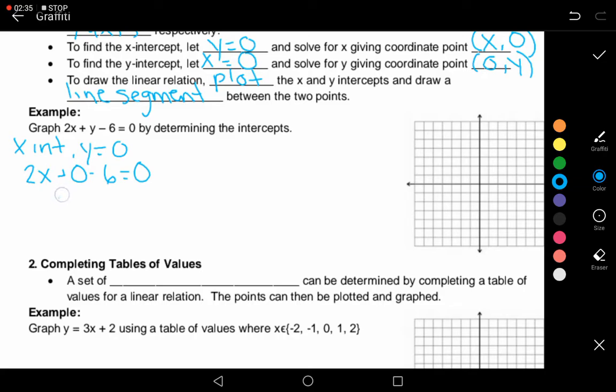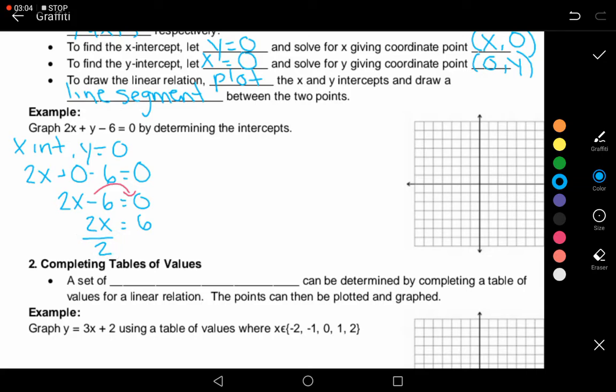Okay, so we really just have 2x minus 6 equals 0. Now we're simply solving this equation. So I'm going to move my negative 6 over to the other side, which means it's going to become positive. And I need x all by itself, so I know I need to use opposite operations here.